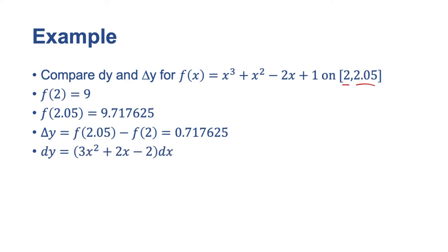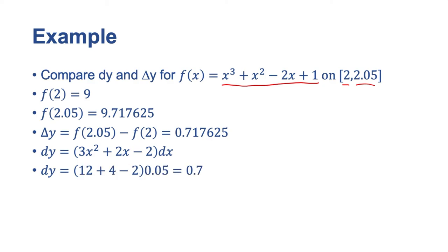Now let's find dy. So when we find dy, we need to multiply the derivative by dx. So we're going to have dy equals 3x squared plus 2x minus 2, times dx. And that's, of course, the derivative of our function up here, f. And now that we have this, we're going to compute this at the points.